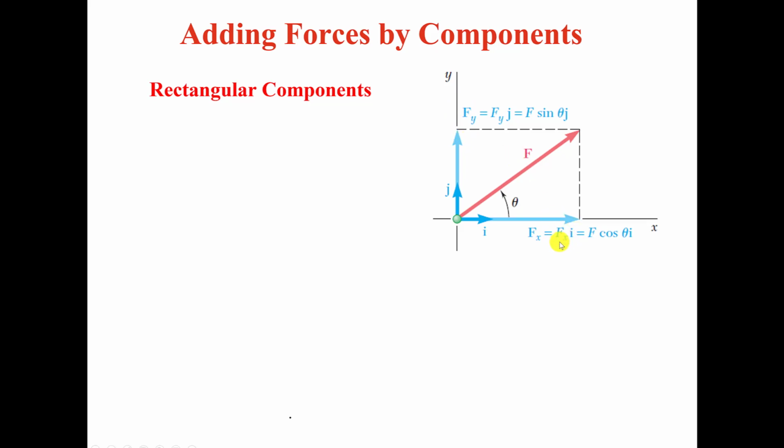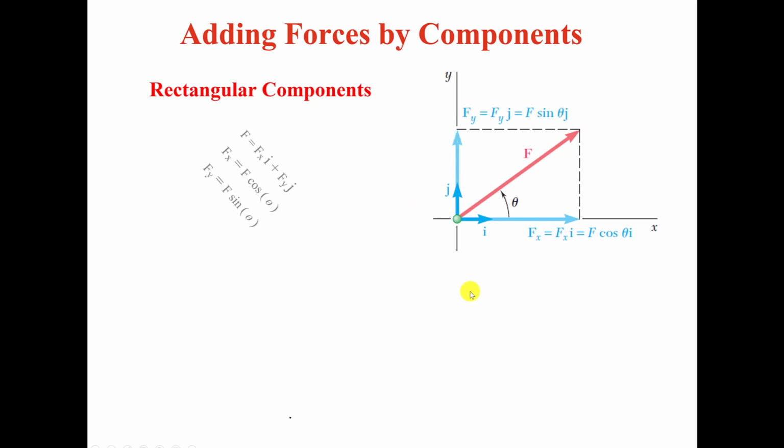But as a magnitude, Fx is equal to what? We always assume the angle theta between the force and the horizontal axis, the x-axis. If you adopt this methodology, making the angle always with the x-axis, then Fx will be equal to F cosine theta, and the y component will be F sine theta.